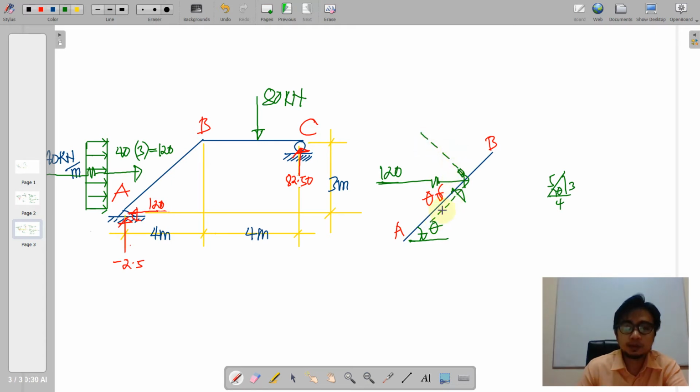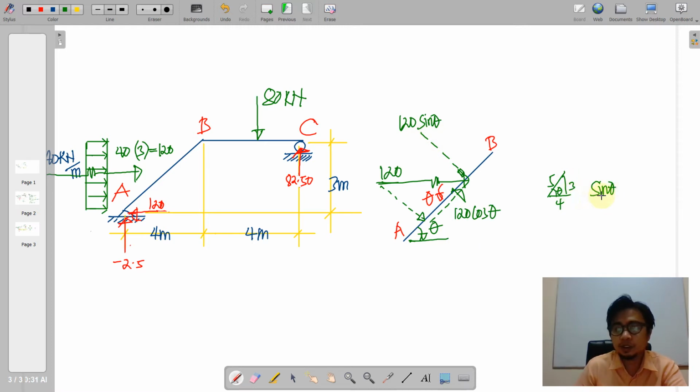So we place the perpendicular and parallel component of 120 with respect to the inclined member AB, so that this 120 here is projected on the other side. We can find it to have, or opposite the angle or the reference angle theta. So we denote that by 120 sine theta, and the other is 120 cosine theta.